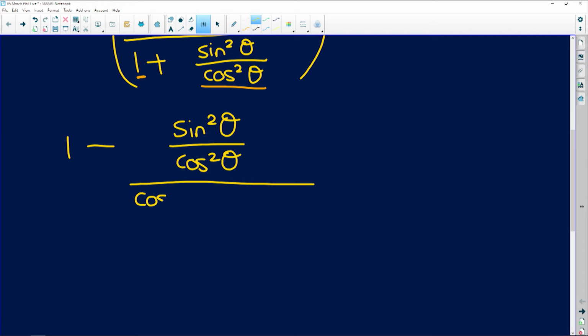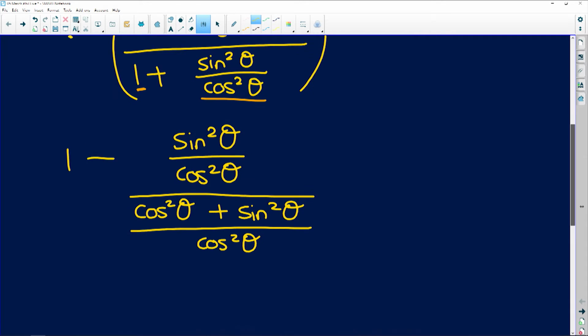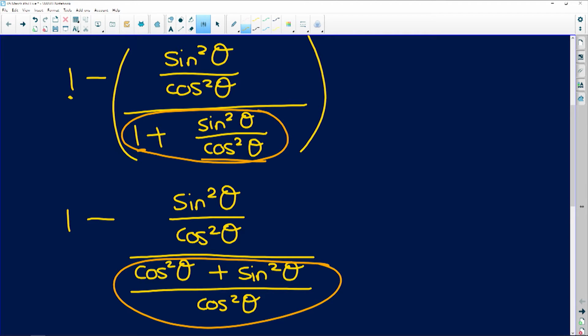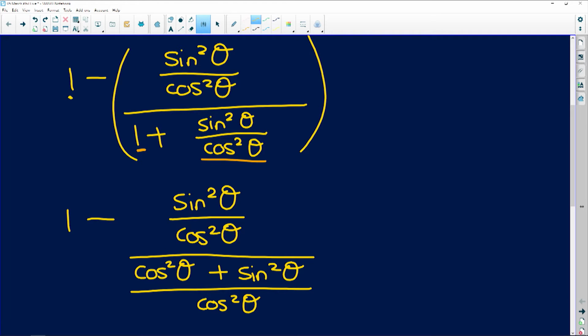So to get over the LCD, I multiply by it. So 1 multiplied by cos squared theta is cos squared theta plus sine squared theta all over cos squared theta becomes our new denominator. Okay, so guys, remember that this whole situation became that whole denominator. Work with everything slowly and separately so you understand what you're talking about.